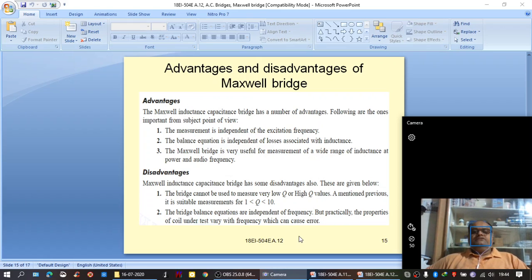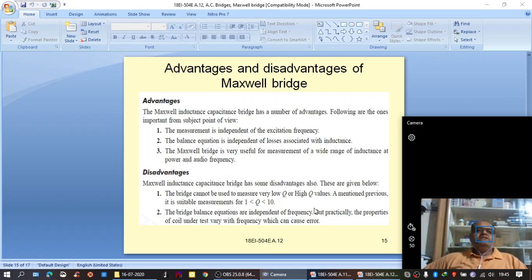But the main drawback with Maxwell bridge is it is not suitable for the measurement of inductance values having quality factors which are very low or very high. Maxwell bridge can be used for inductance measurements only for inductances having a quality factor greater than 1 and less than 10.